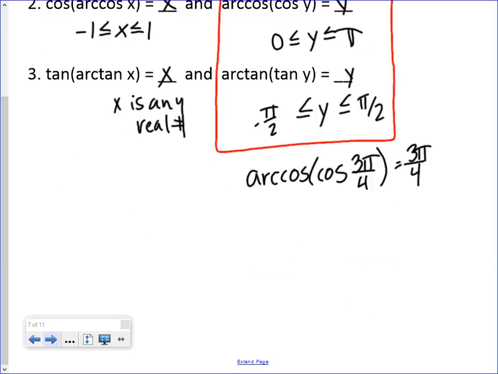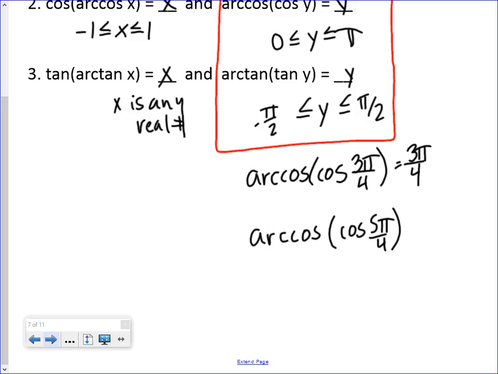Here would be one that doesn't work out as nicely for us. Arc cosine of cosine 5 pi/4. If I'm just thinking about the inverse property, I would probably automatically want to say 5 pi/4, right?